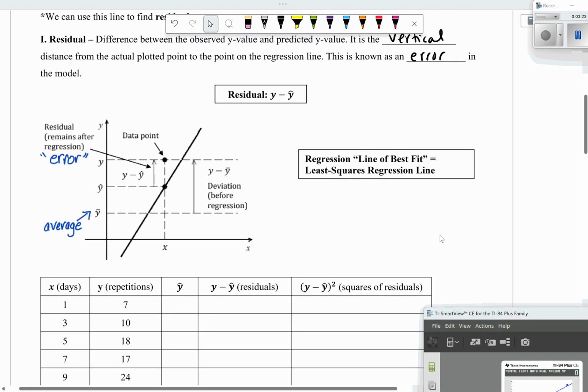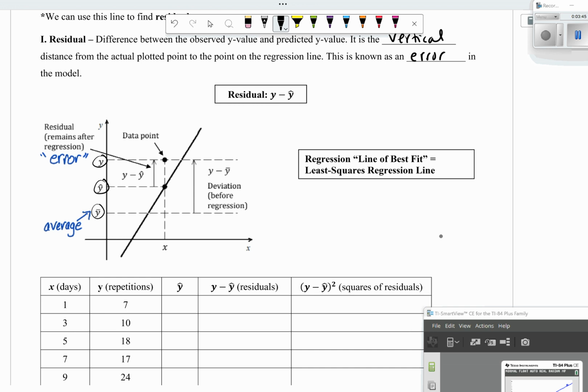So if we look over here, you can see that the residual remains after regression. It's the error. So this right here stands for the average. This stands for the regression line. And then we have our actual data point, which is at that y value right there. So y minus y hat is the deviation from the regression line.